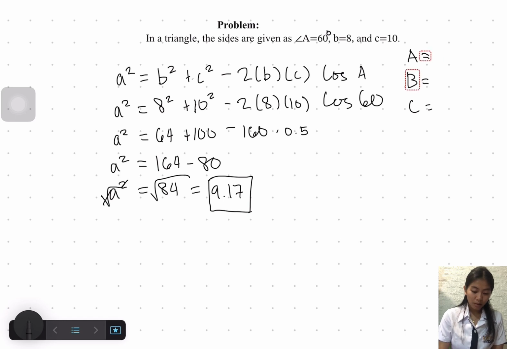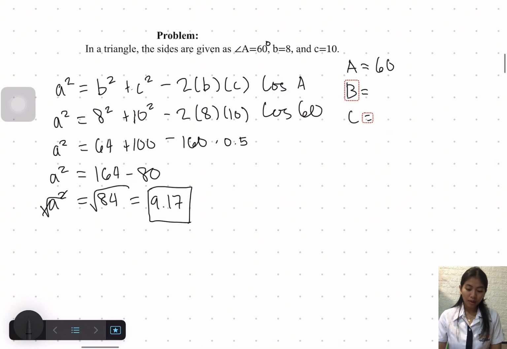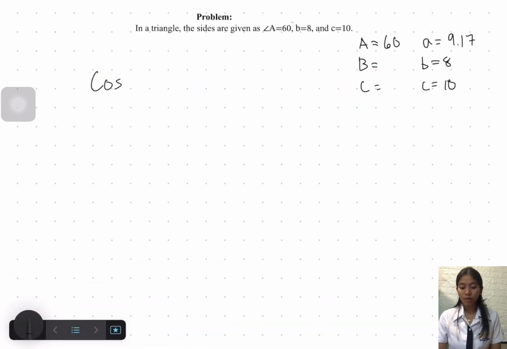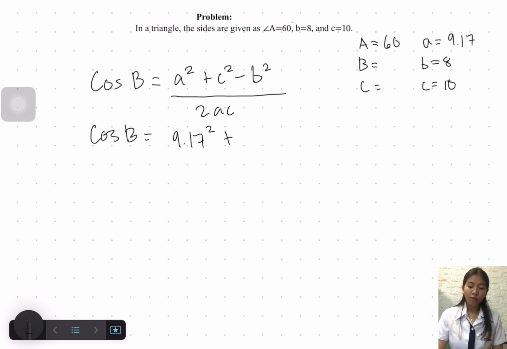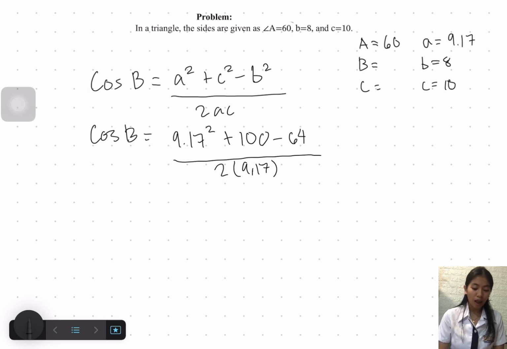Next, we are going to find the angle B. To get the angle B, we're going to use cosine B is equal to a squared plus c squared minus b squared over 2ac. Substitute that. 9.17 squared plus 10 squared minus 8 squared, over 2 times 9.17 times 10.